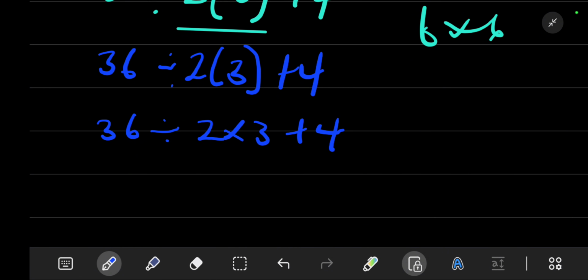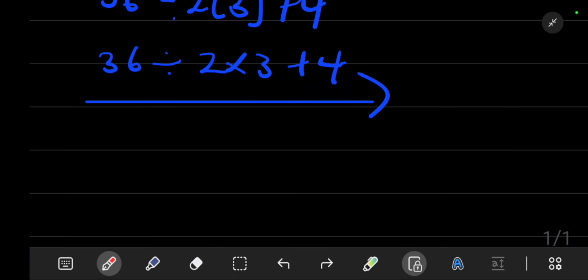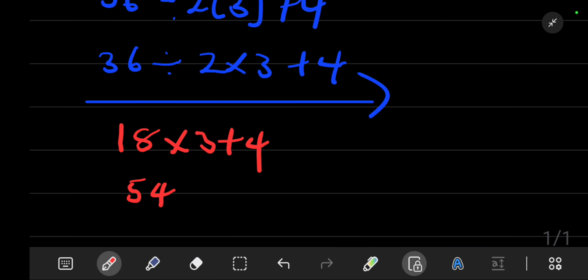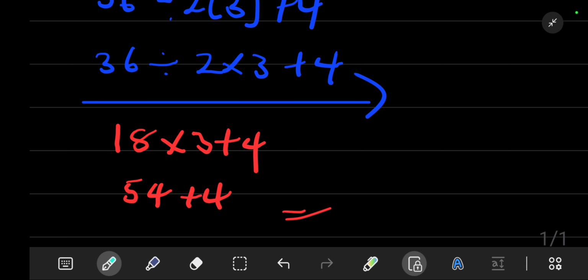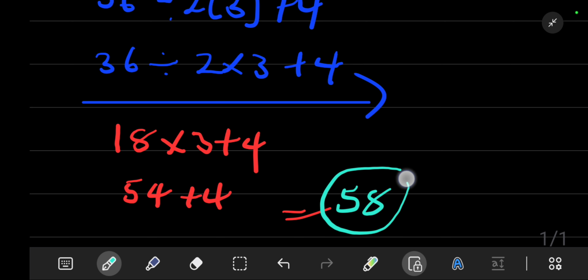Therefore, we move from left to right, just like reading a book. Now, 36 divided by 2 equals 18. And 18 multiplied by 3, that is 54, plus 4. And now 54 plus 4 equals 58. And this is our final answer.